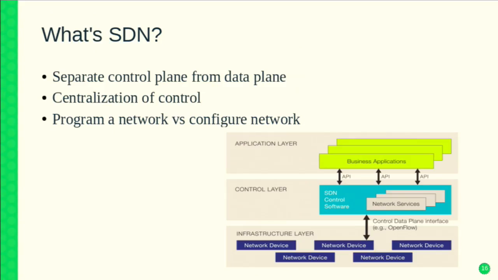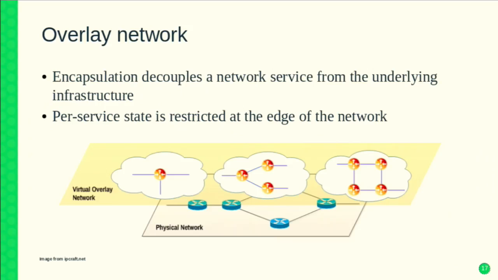So it could use OpenFlow, which is also a protocol to configure the switches. It could use other protocols like NETCONF. There are others. And in this way, this intelligent layer can configure the infrastructure. So that's the main idea behind SDN.